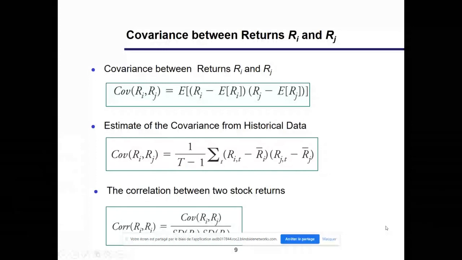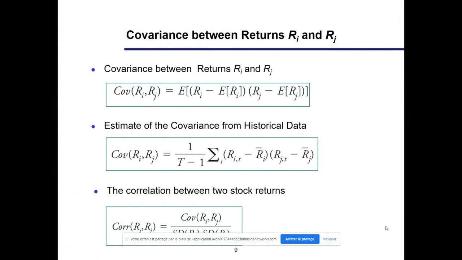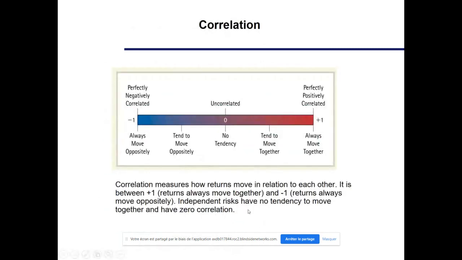Nothing new. I just borrow the statistics formula for how we measure the correlation of return I and return J: the covariance of Ri and Rj divided by the standard deviation of Ri and the standard deviation of Rj. Just to recall, when they are perfectly positively correlated, the correlation is equal to 1.